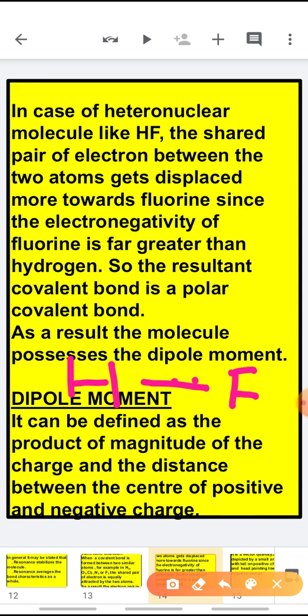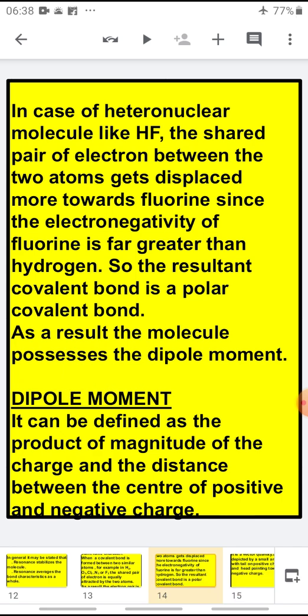Now such a molecule possesses a dipole moment. Now what is dipole moment? It can be defined as the product of the magnitude of charge and the distance between the centers of positive and negative charge.